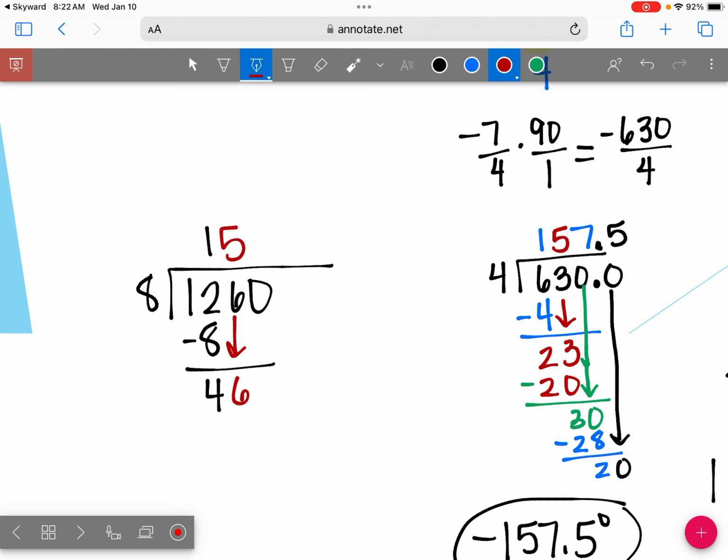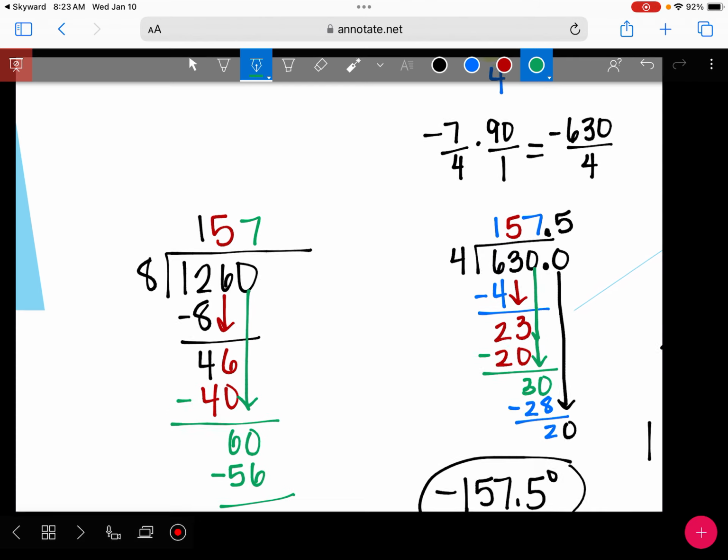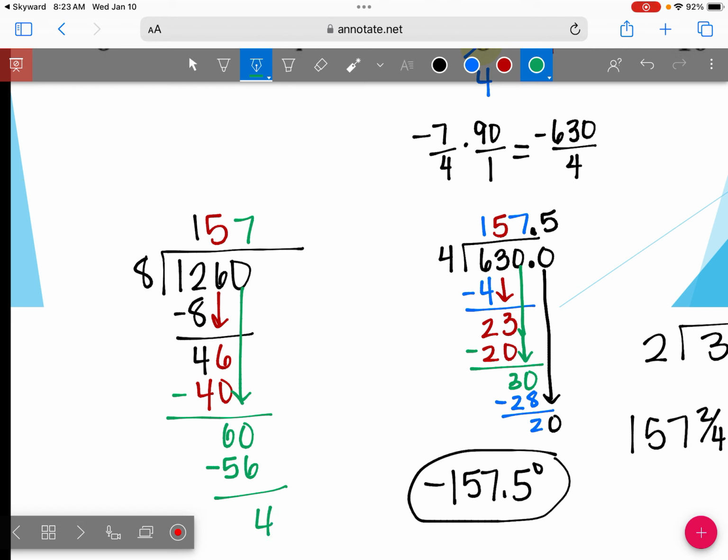I was asked to do this without reducing, so that's what I'm doing now. 8 times 5 is 40. How many times does 8 go into 60? 7. 56. So we have a 4. And again, we're going to add that decimal and a 0. How many times does 8 go into 40?